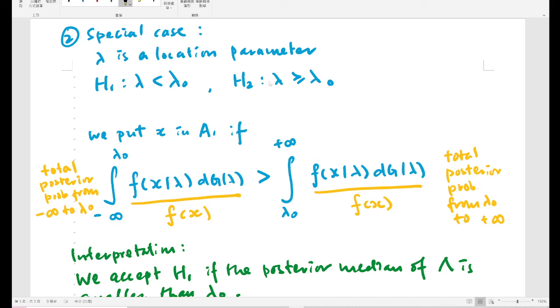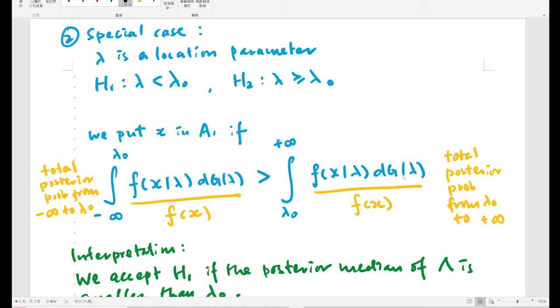Then it is very straightforward that we make use of the result that we have. Let's pay attention to the blue color first. We put x in A1 whenever we integrate the conditional likelihood function over the interval from negative infinity to lambda 0 and it is larger than when we integrate the likelihood from lambda 0 to positive infinity, weighted by the pi, surely, right?